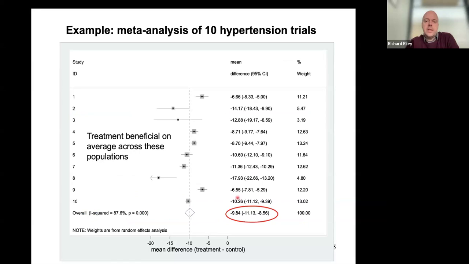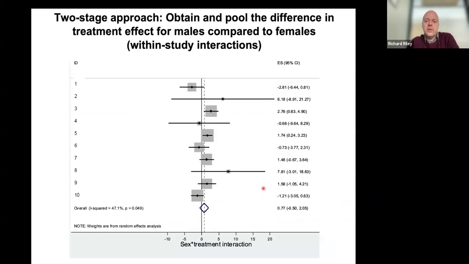Let's go back to our data to illustrate this. So these were the 10 hypertension trials. And remember, this is the overall treatment effect result. So that's on average, but the question would still remain, does this treatment work equally well, let's say, for males and females? Well, if we wanted to look at that, we could examine, using the IPD, in a two-stage analysis, the difference, i.e. the interaction between males and females. So I've done that in each of these 10 studies, and I've got the difference in the treatment effect for males compared to females.